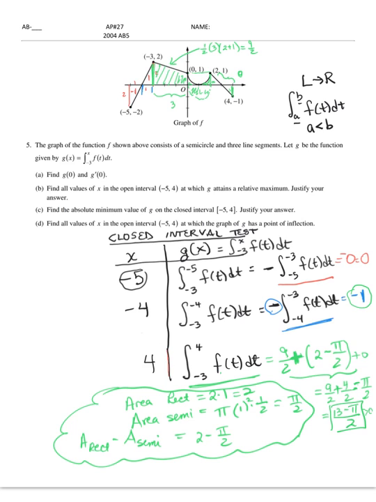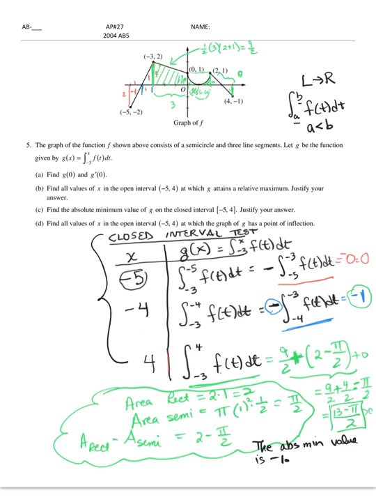So the answer to the question is that the absolute minimum value, okay, so we have to write down the value, is -1. And this is our justification.